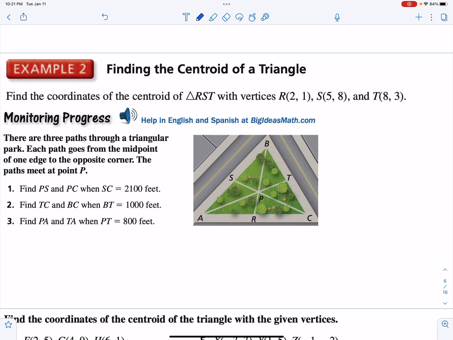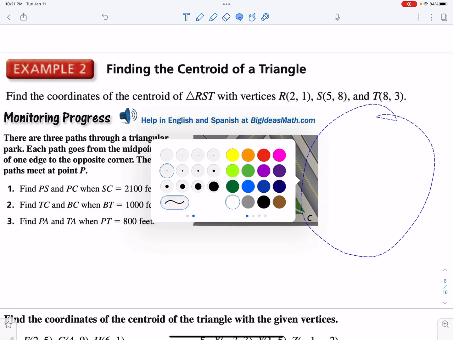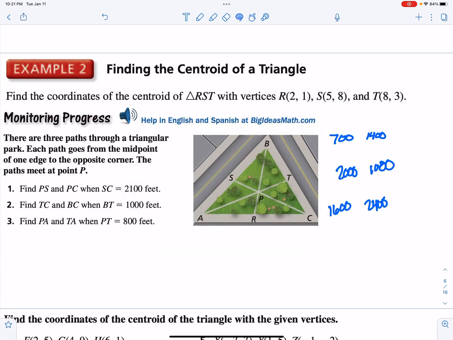So in this one, take a moment, pause, try these, see if you can identify what the missing parts are. Now that you've had an opportunity to try these, here's what you should get for your answers. PS should be 700, PC should be 1400.